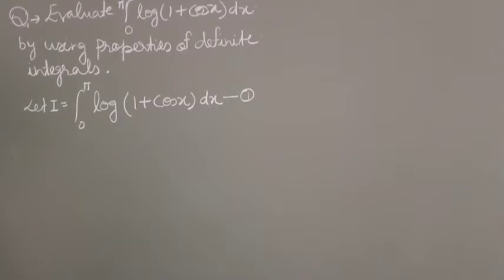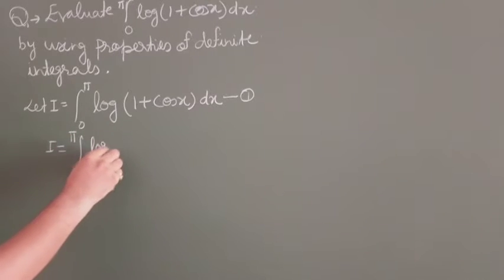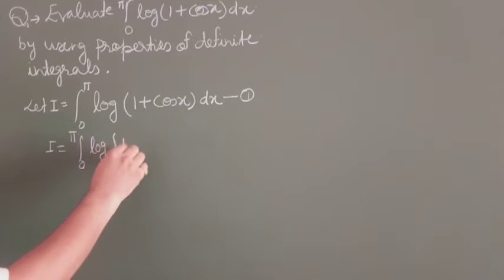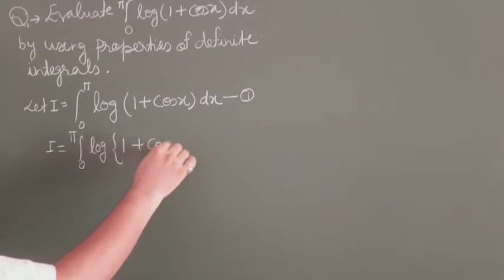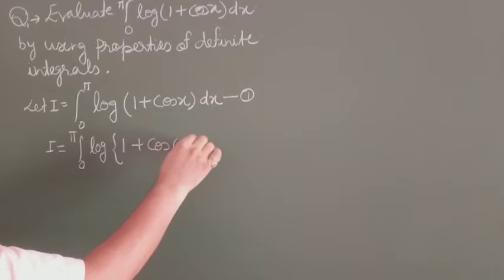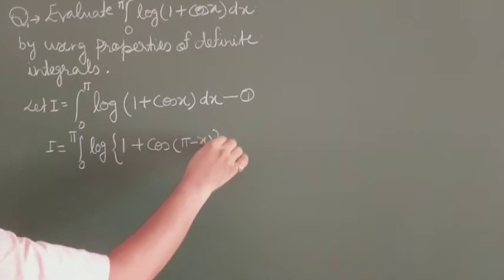Now we are going to use the property: the integral from 0 to a of f(x) equals the integral from 0 to a of f(a minus x). So I equals the integral from 0 to pi of log(1 plus cos(pi minus x)).